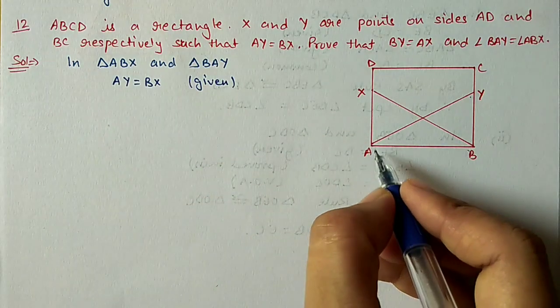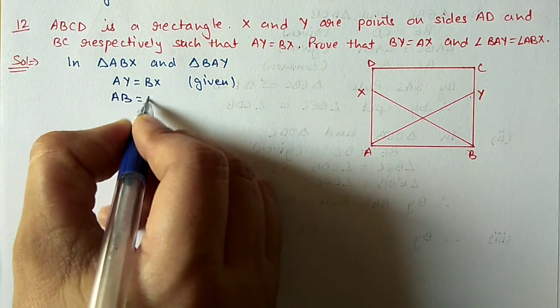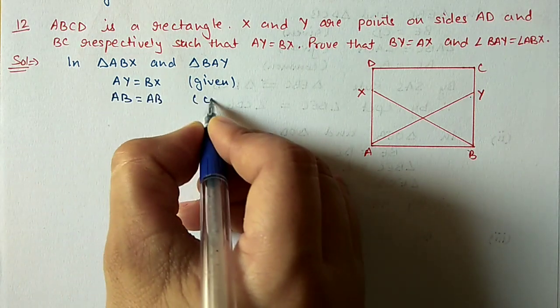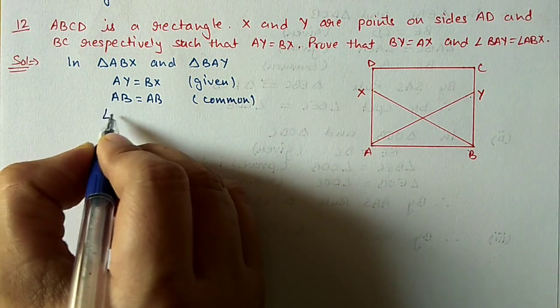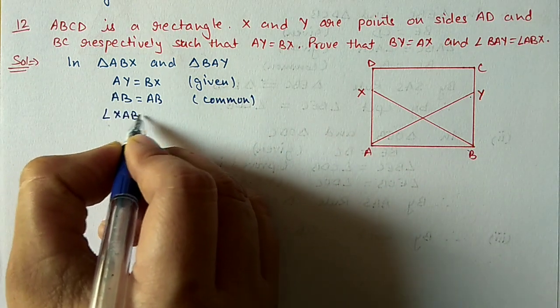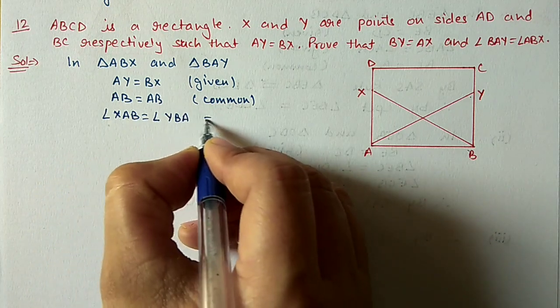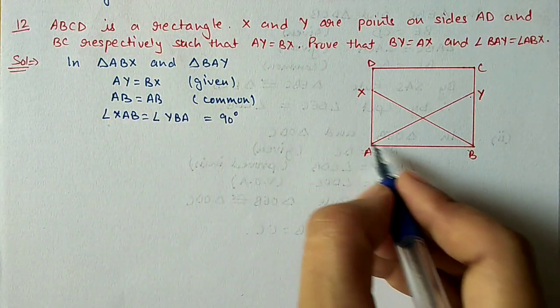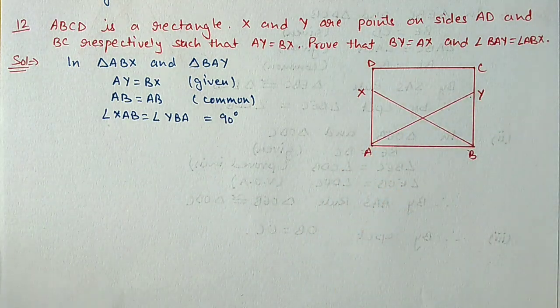Second, AB is common for both the triangles. And third, angle XAB is equal to angle YBA. Both the angles are 90 degrees, because we know all the interior angles of a rectangle are 90 degrees.